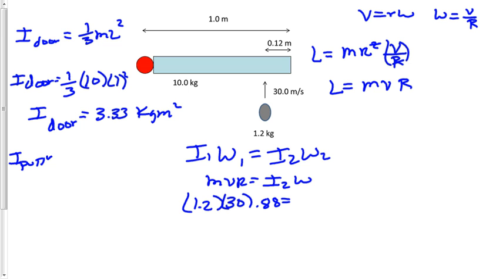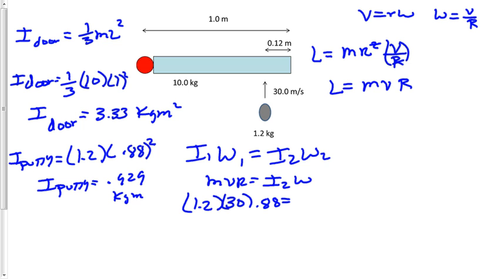Now let's do the I for the putty. Again, that'll just be mr squared. So that's going to be 1.2 for the mass of it, multiplied by 0.88 squared. And therefore the I for the putty is going to equal 0.929, and that of course is also kilogram meters squared.